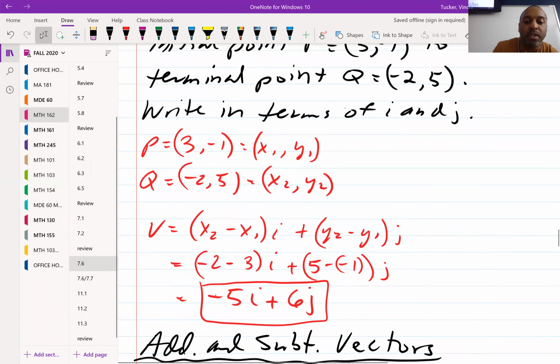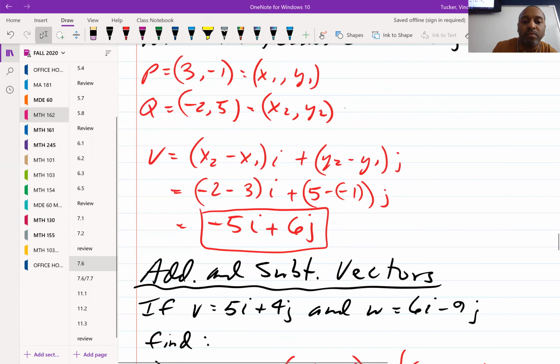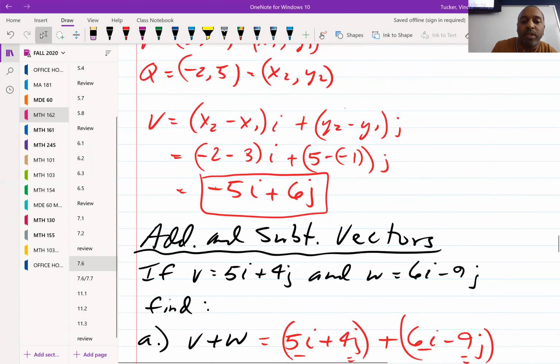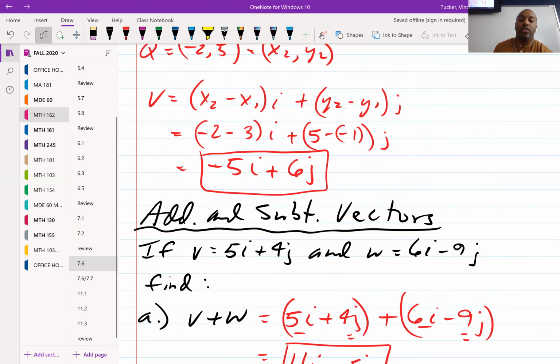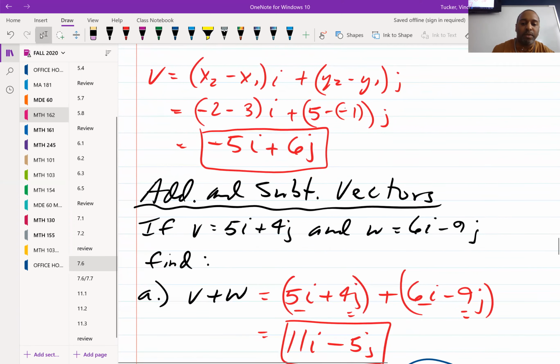All right, are we good? Let's scroll up. All right, so next we're looking at adding and subtracting vectors. So this goes back to really just combining like terms. A lot of times dealing with vectors, you're starting to see how the basic algebraic skills come back into play. So they established vector V as 5I plus 4J, and then vector W as 6I minus 9J.